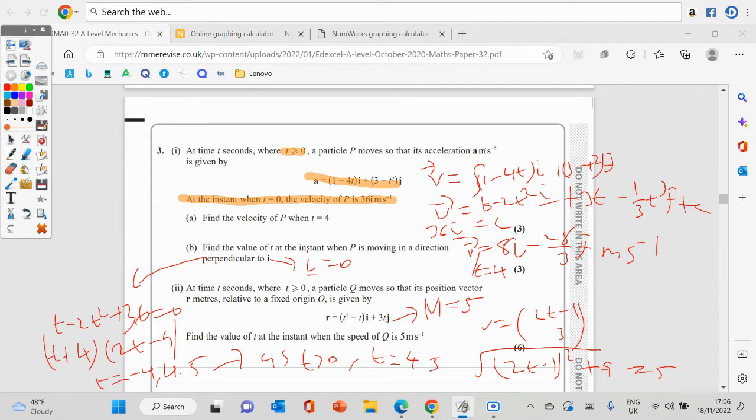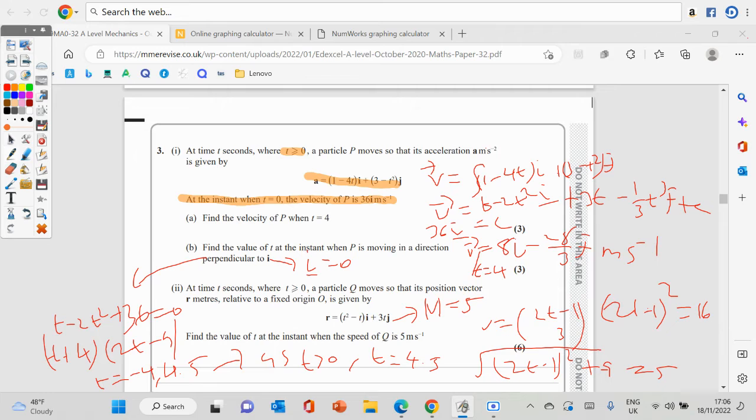has got to be equal to 5. Standard vector stuff. Now, if we square both sides, that gives us 25, take the 9 away, that gives you 16. That means I can take the root fairly quickly.